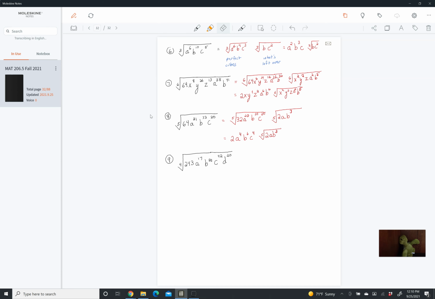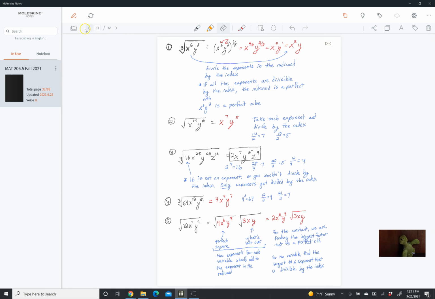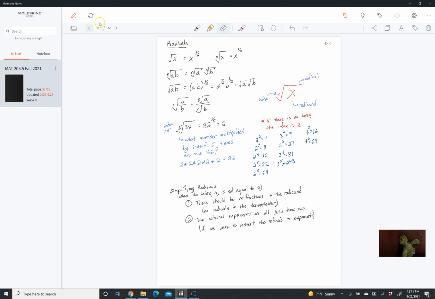There we go. Okay, so what does this equal? We're going to split this up into a 4th root where it's a perfect 4th, and then into whatever is left over. So the 243 may take some trial and error, but this is where it comes in handy to know things like this.